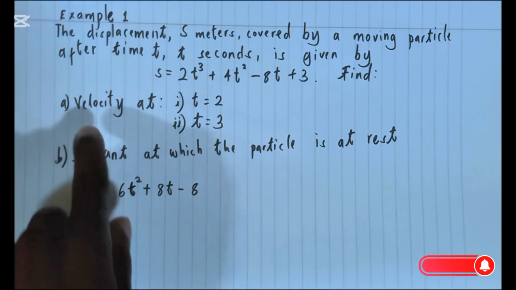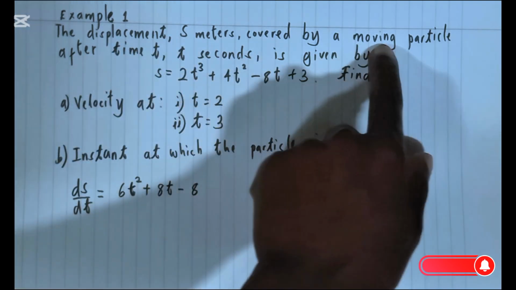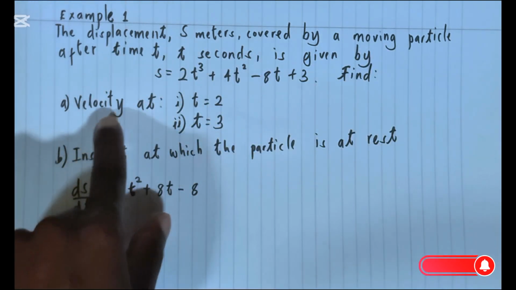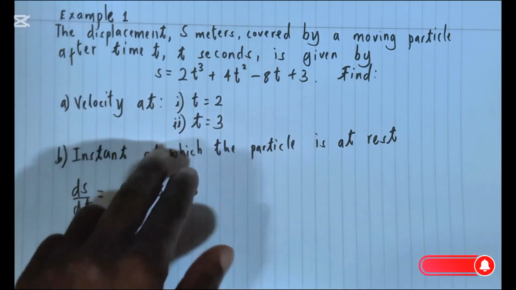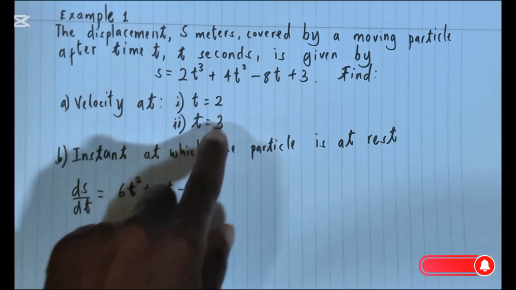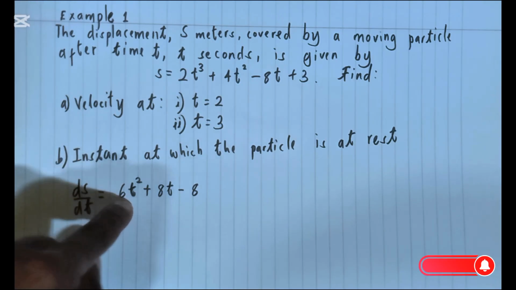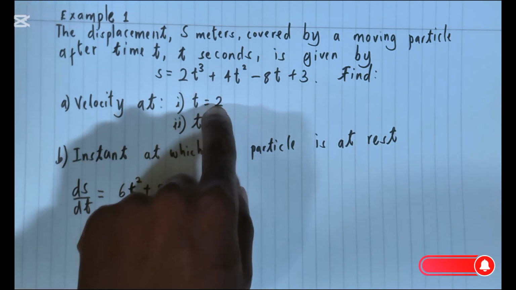To find the velocity of this moving particle at t equals 2, we write this function with t being equal to 2.